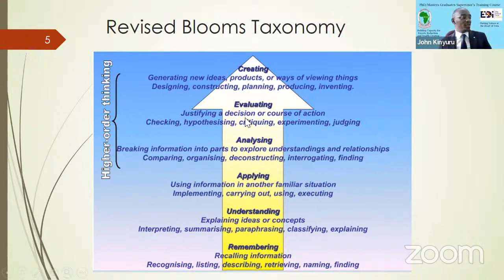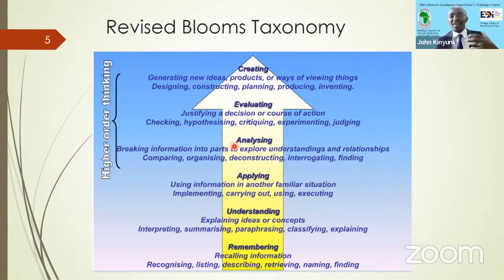Okay, so I was saying that we are looking at encouraging our graduate students to use higher order thinking, probably starting from the higher level of applying, then analyzing. This is breaking information into parts to explore understandings and relationships, doing comparison, organizing, deconstructing theories and ideas, interrogating ideas, and finding new answers.